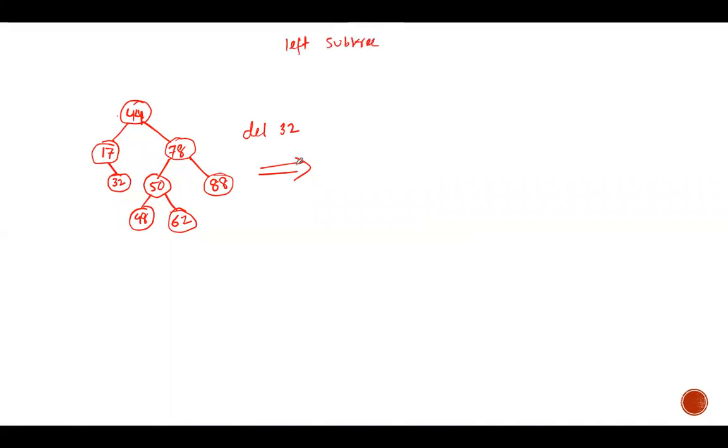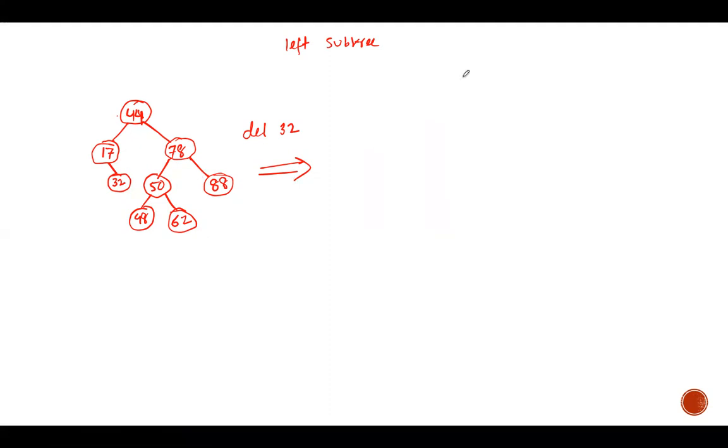So first let's delete 32 and then check whether the tree gets unbalanced or not. We check which subtree I'm deleting from, I'm deleting from the left subtree. Then we check if the tree gets unbalanced, then we check further conditions, and we find out which rotation I'm going to implement.